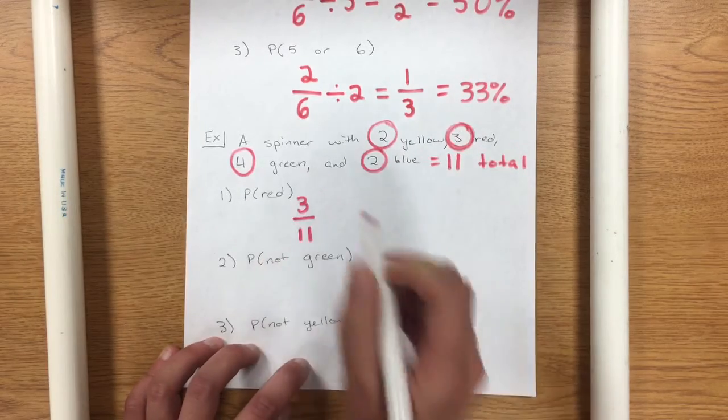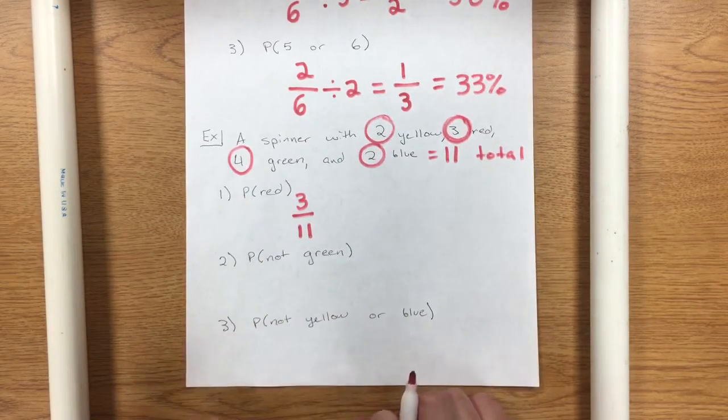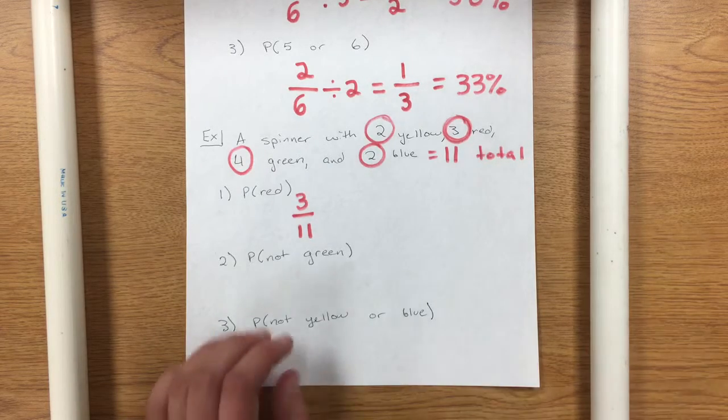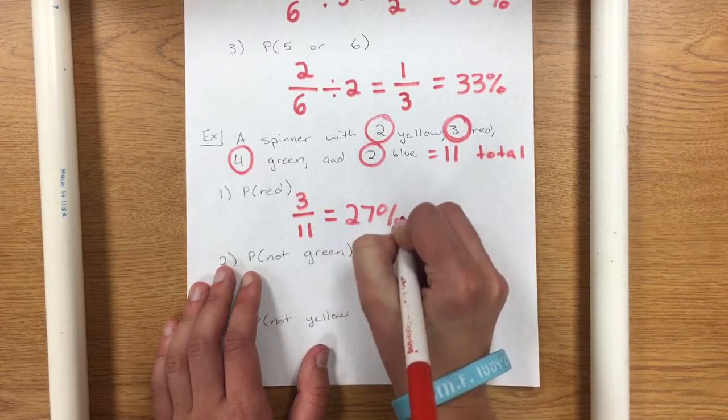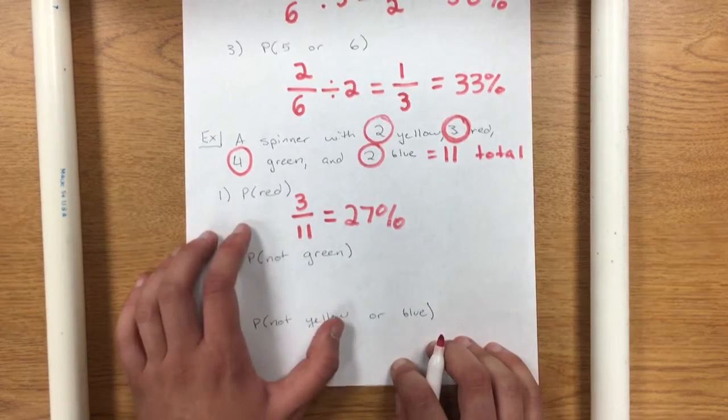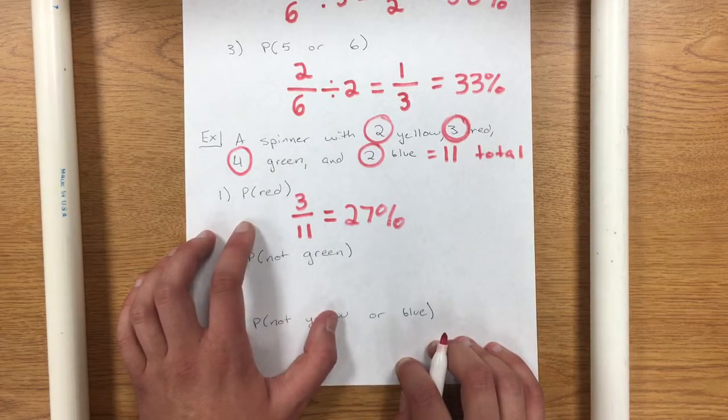So 3 goes on top. Can 3 over 11 be simplified? No. Now in your calculator, plug in 3 divided by 11 and tell me what the percent is. What did you guys get? I got about 27%. So our probability of spinning red is about 27%.